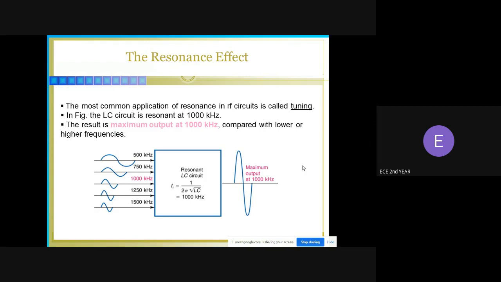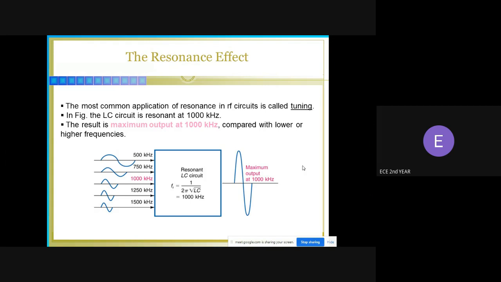With the help of this LC circuit, I can get the exact frequency by tuning, by changing the values of the inductor and capacitor. I can get the expected frequency, that is fr, which we call the resonance frequency: 1 divided by 2 pi root of LC.